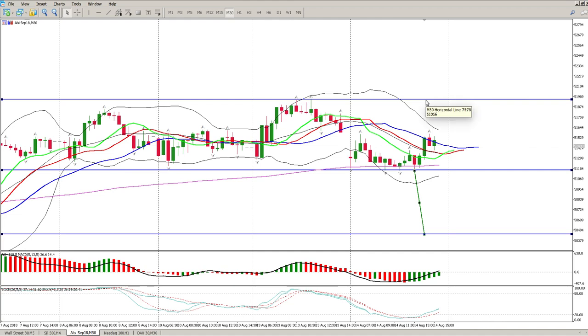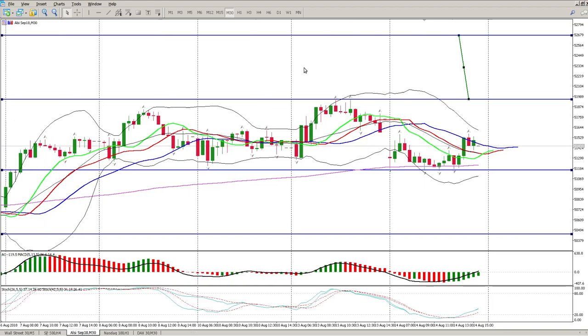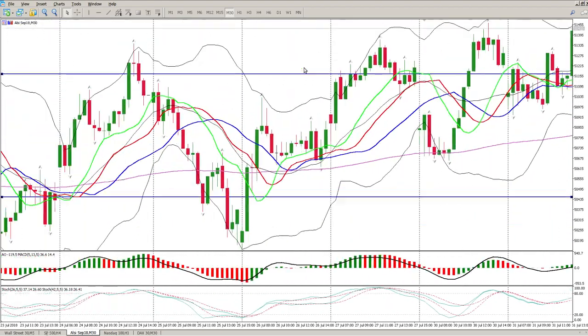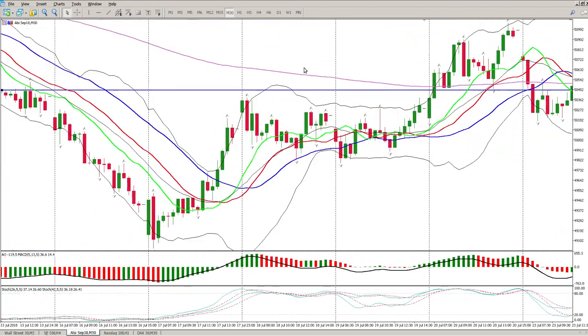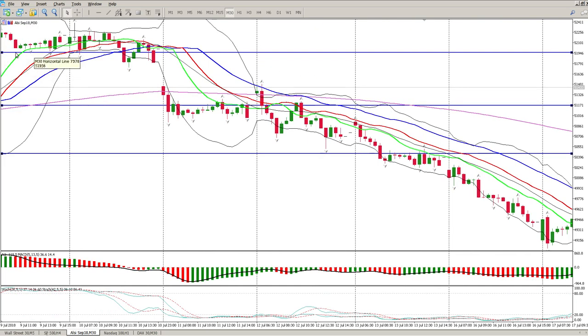So a break above 51955 gives us some upside. I just want to look to the left to see whether we have anything up there. We do have some, you can see how it's the underside of this area here.